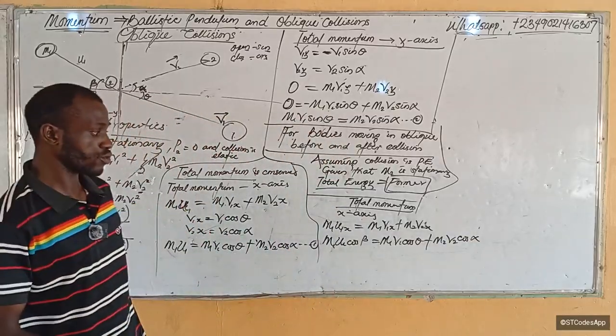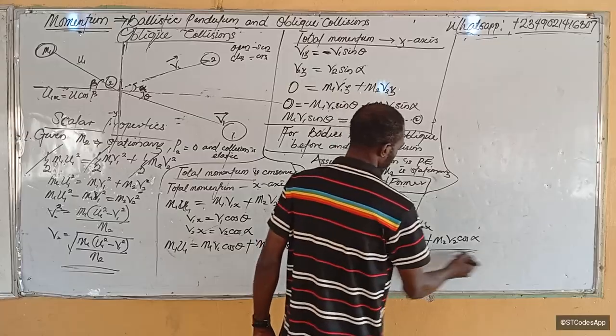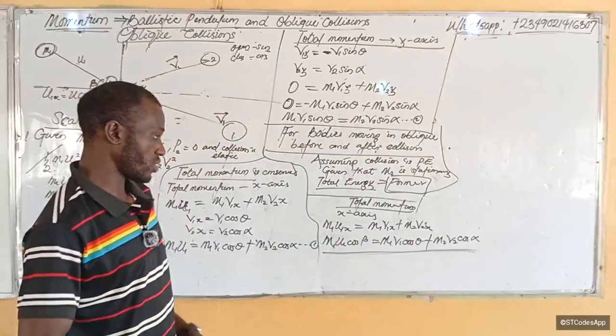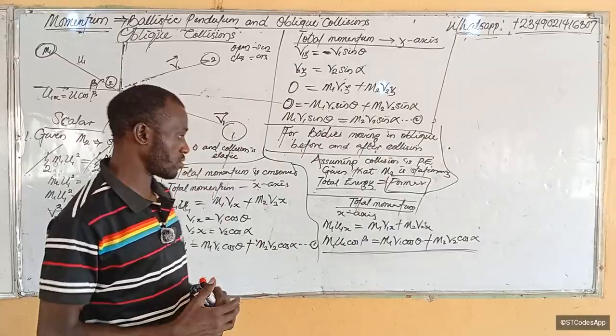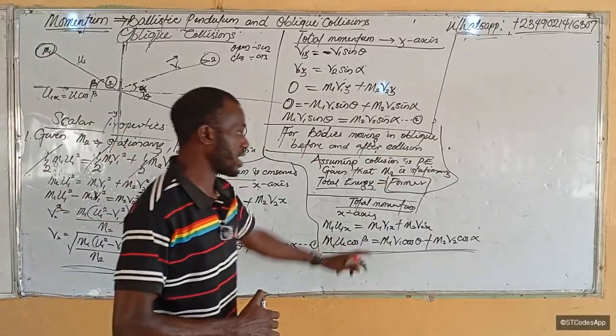Is this clear? So this will be the equation for the momentum. You see, it doesn't really change much. It's just the angles that we added.